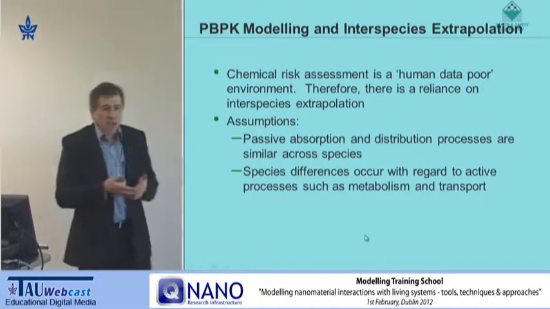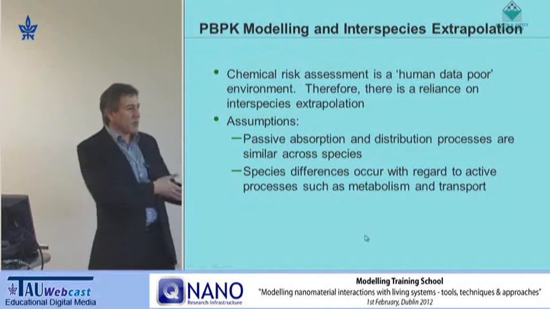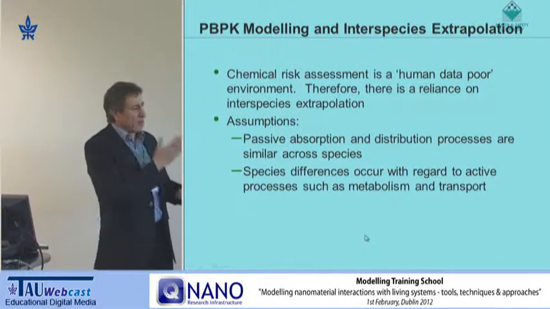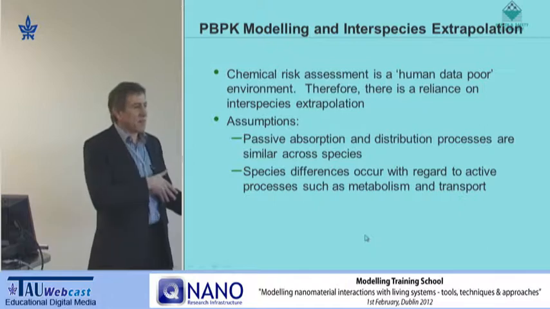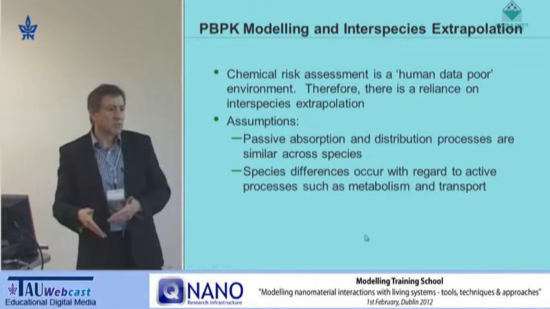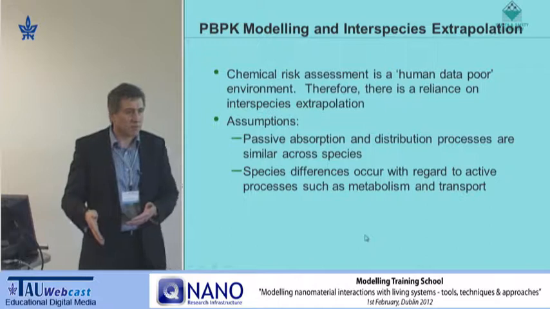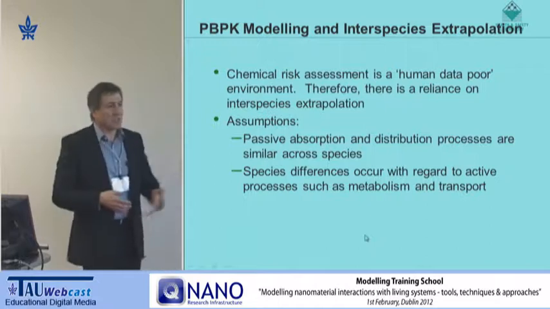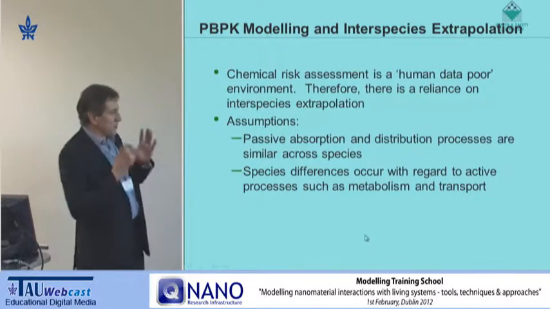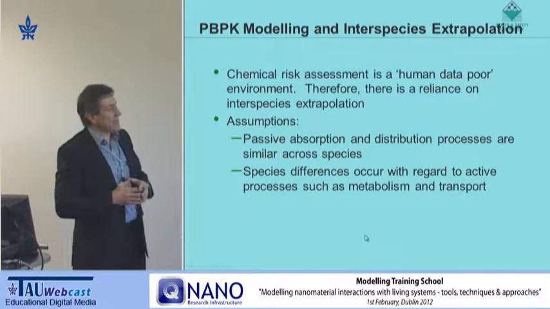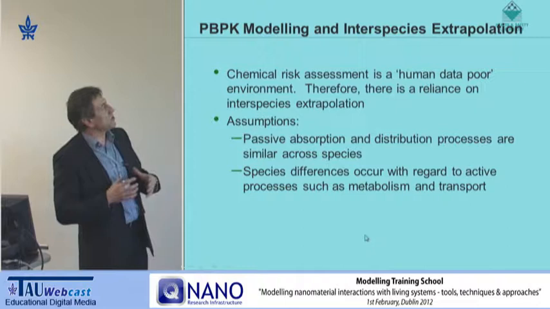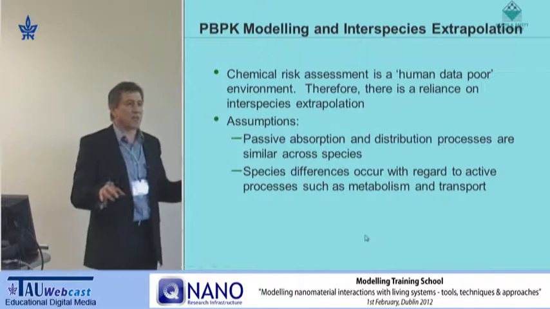You can think of it logically. If you have a model for the rat with all the organs and tissues, you can just change the masses and blood flows to those of the human, and you have a model for the human. The difference is that we can ascribe passive absorption and distribution processes as the same across species.